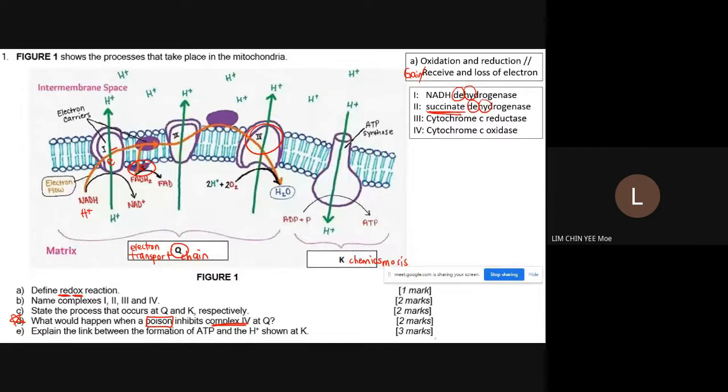Carbon monoxide you will learn later when we learn gaseous exchange, but not here. What is that? The poison that will affect complex 4. Start with C juga. Cyanide.